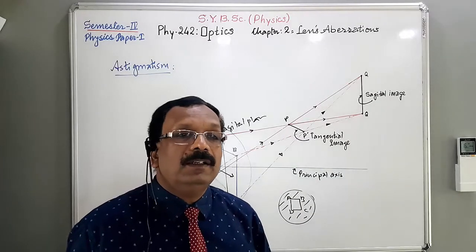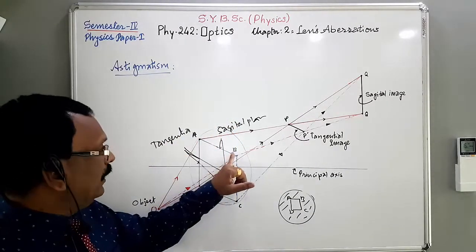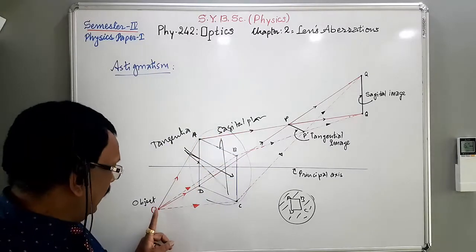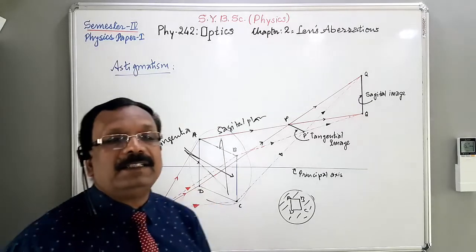Now, rays OA and OB are in one sagittal plane, and rays OC and OD are in another sagittal plane.